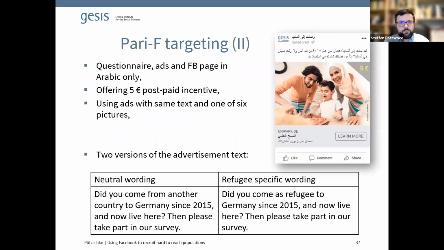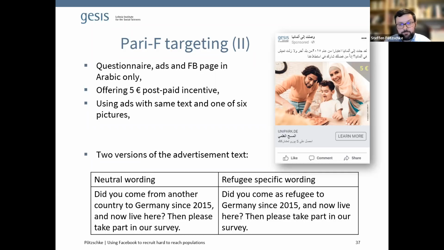And of course, we had the targeting aspect of advertisement design. Everything was, in this case, in Arabic. In this research, we also offered a €5 postpaid incentive. We used the same text and one of 6 pictures.